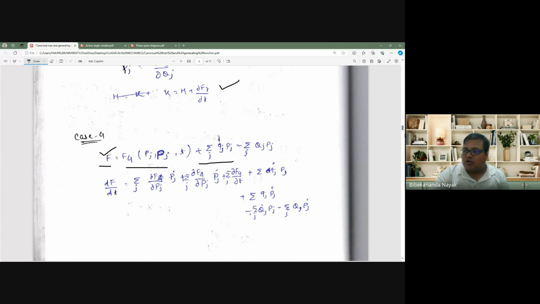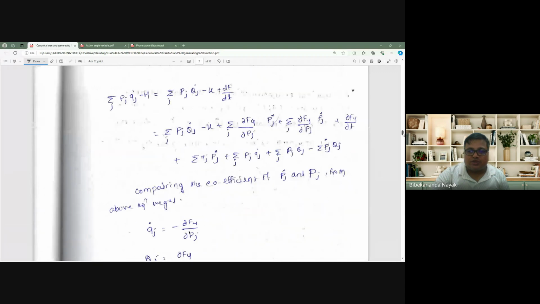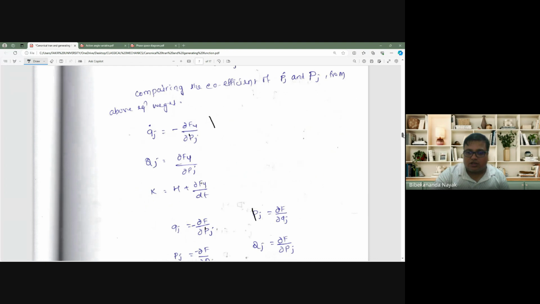And again comparing the coefficients of small pj dot and capital Pj dot, you can find the relations.